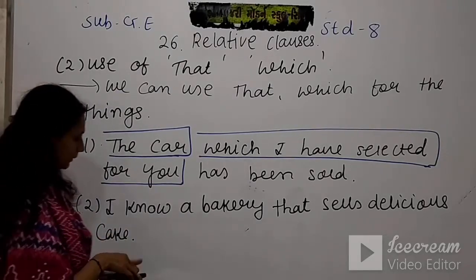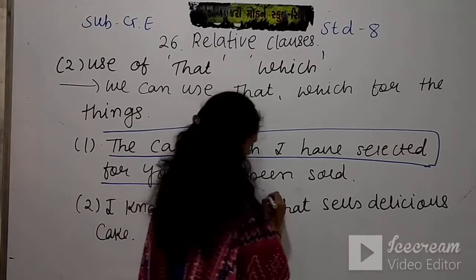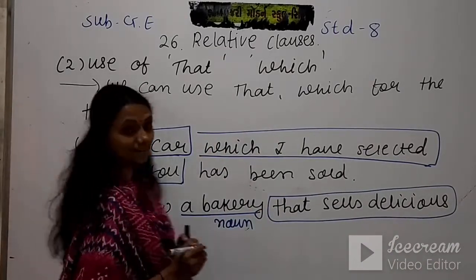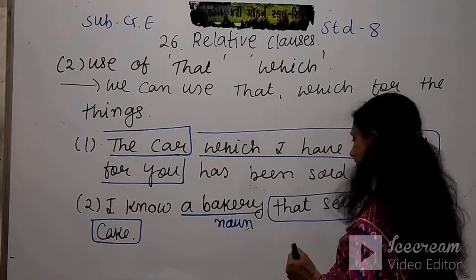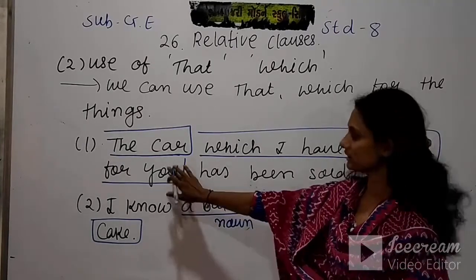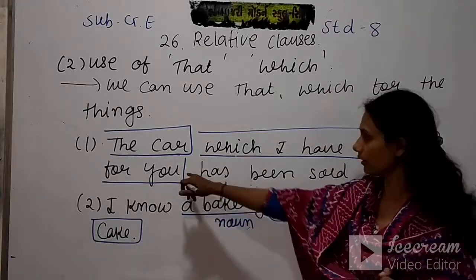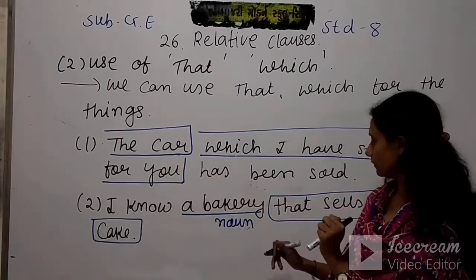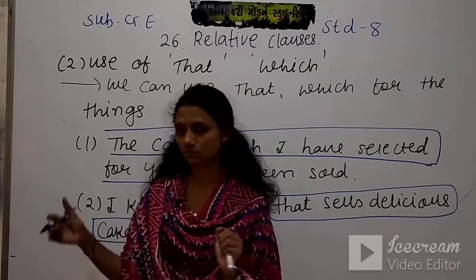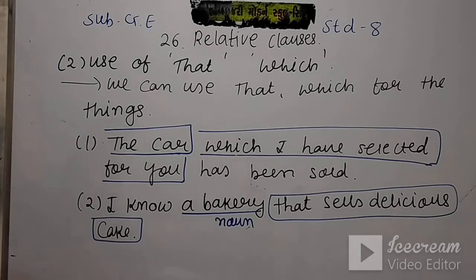Here the bakery is our noun, and that sells delicious cake is our relative clause, because it is used for the bakery, and which I have selected for you is used for the car. As you can see, a bakery is also a thing, and a car is also a thing. So which or that you can use interchangeably, as both have the same meaning. Please note this down, and after that we will go for whom.